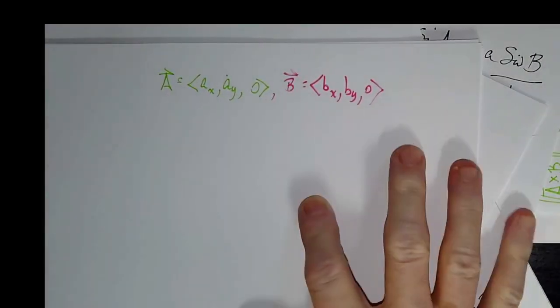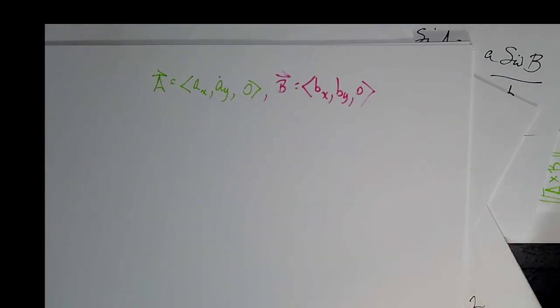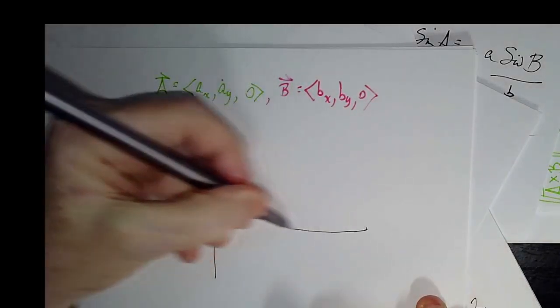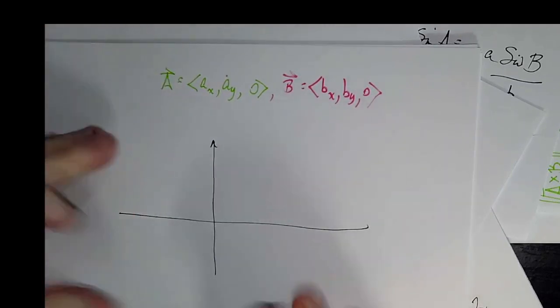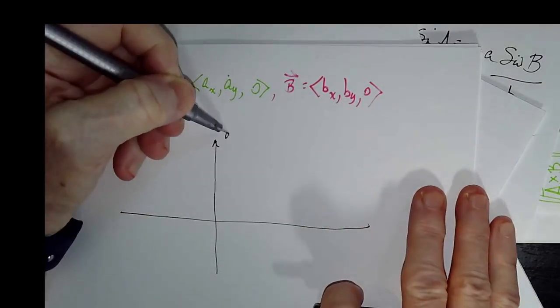And let's go ahead and graph them and get an idea of what we're looking at. I'm going to draw this as though it's living on the paper, so on the plane.